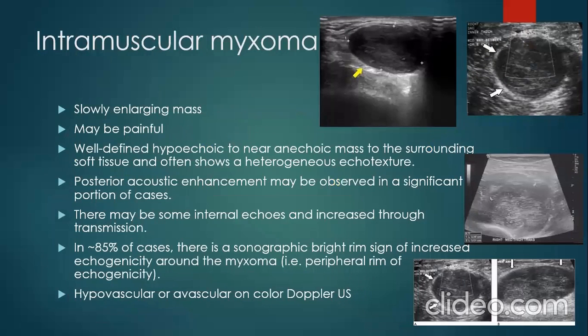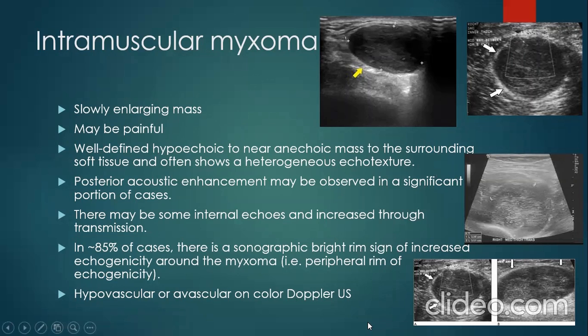Moving on to intramuscular myxoma. This is a slowly growing, slowly enlarging mass, and it may be painful. On ultrasound, it is a well-defined hypoechoic to near anechoic lesion as seen on this one, and often shows a heterogeneous echo texture in most of the cases.